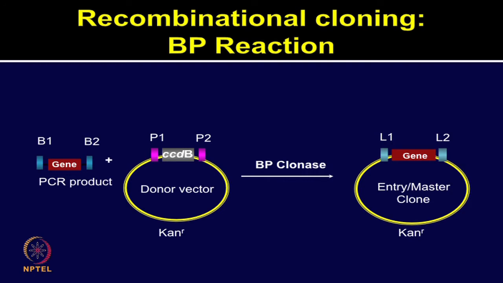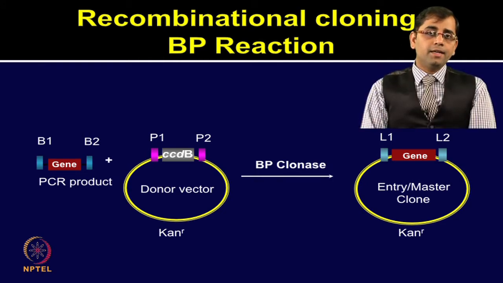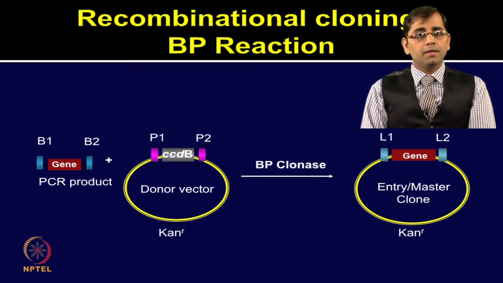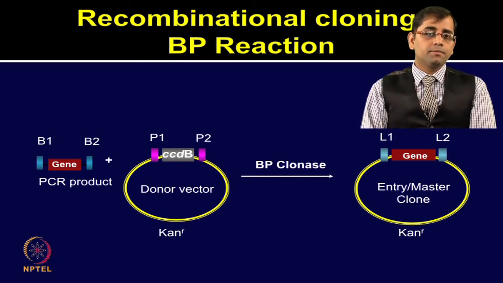When a reaction is run to mix att B and att P sites, such as when making the master clones, this step is catalyzed by BP clonase enzyme and it is known as the BP reaction because of att B and att P sites involvement.